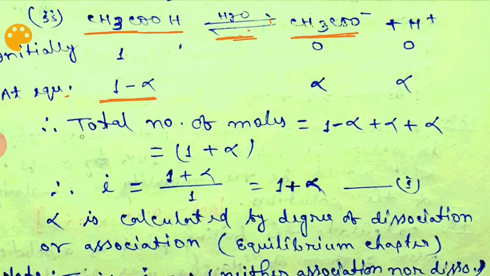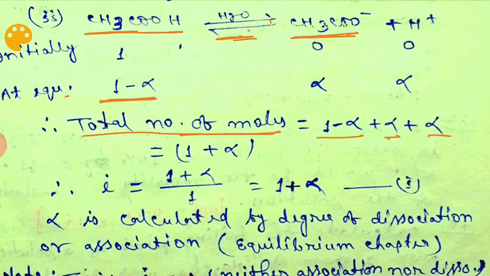Therefore, what will be the total number of moles? 1 minus alpha plus alpha plus alpha, and hence it is equal to 1 plus alpha. So i is equal to what? 1 plus alpha by 1 is equal to 1 plus alpha. Why 1?